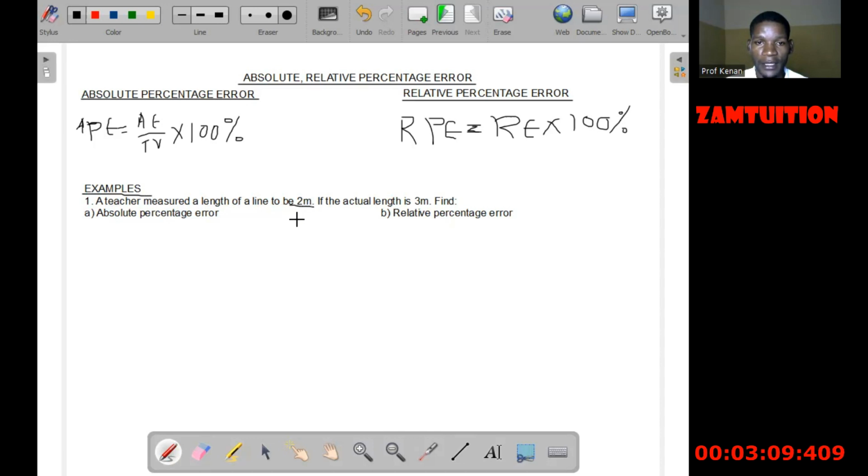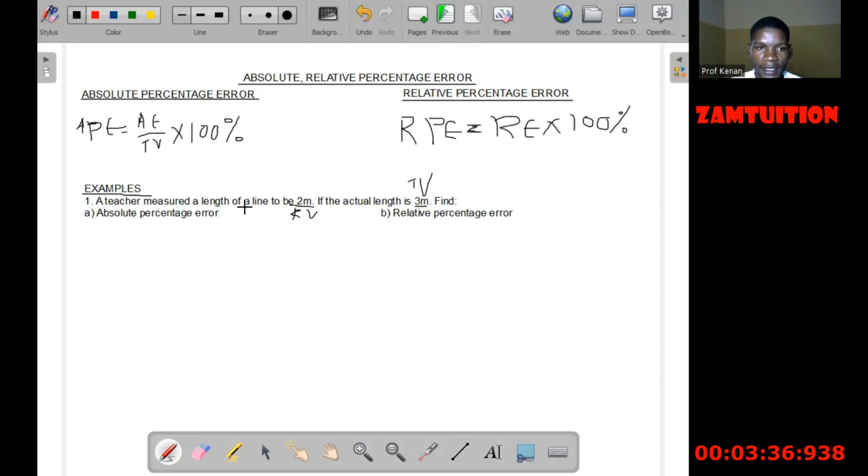This 2 meters is our recorded value, the RV. And if the actual length is 3 meters, then 3 meters is our true value, the TV. So this is our recorded value, and this is our true value.